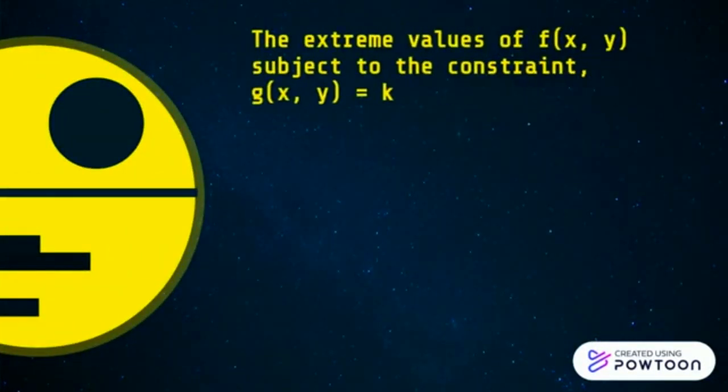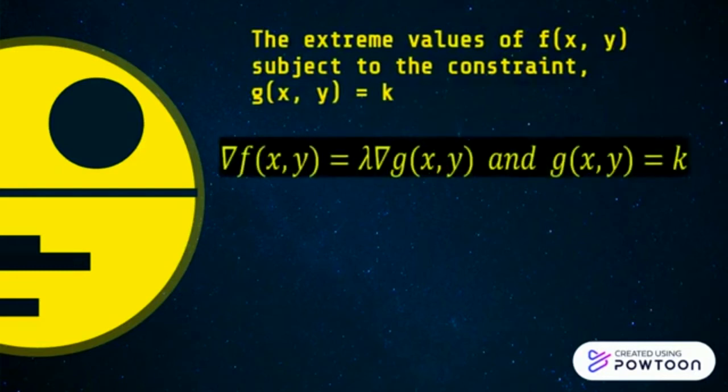For a function of two variables, we will look for the extreme values of f(x,y) subject to the constraint g(x,y) equals k, which are the values of x, y and lambda such that the equation above is written in terms of components by using partial derivatives, which become the following.